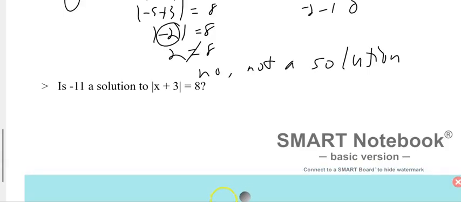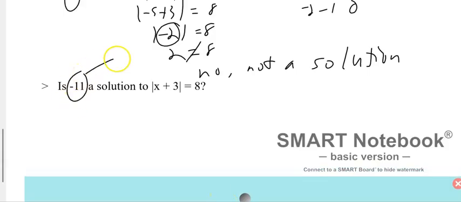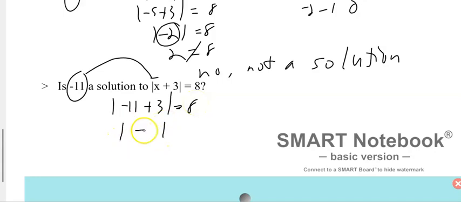What about this one? -11, that's quite a big number. We're going to take this and plop it in. Absolute value of -11 plus 3 equals 8. Well, 3 minus 11, or negative 11 plus 3, doesn't matter, is negative 8. Now, don't get too eager to say no, because that is not the case.